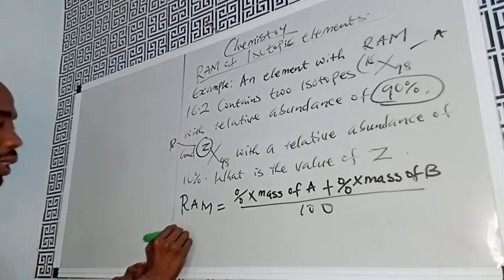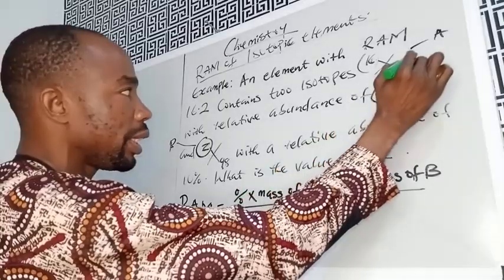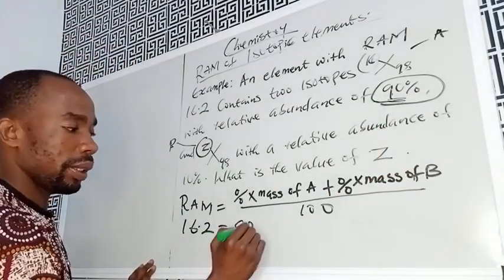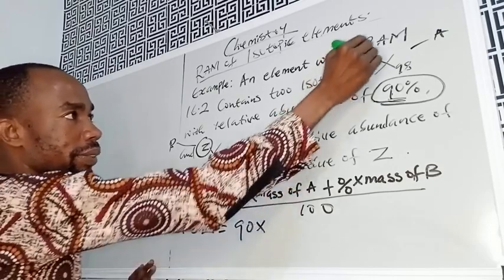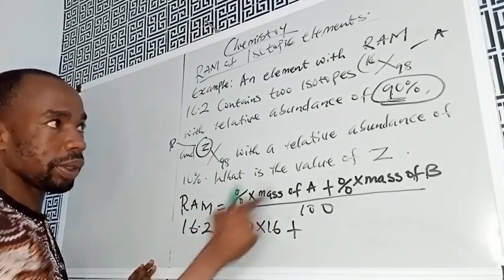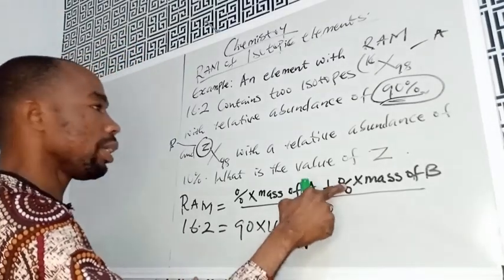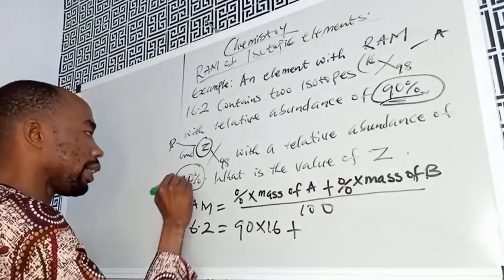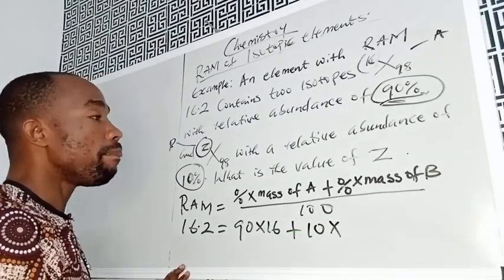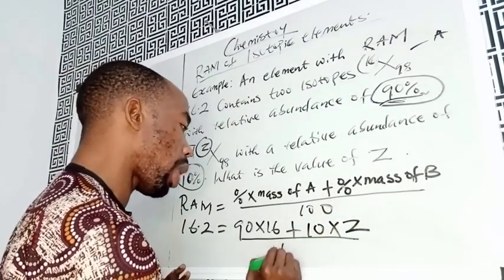From the question, 16.2 is equal to the percentage of the first one, which is 90, times the mass given, 16, plus the percentage of B, which is 10, multiplied by the mass, which here is Z, all over 100.